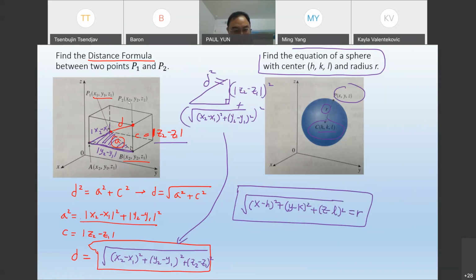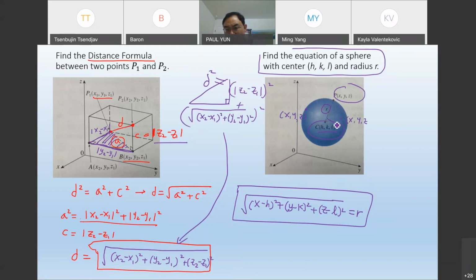Yeah, very good, Baron, of course you're right. So we know why it's almost the same as the circle. There are so many points on the sphere, so many x, y, z. But what do we know?